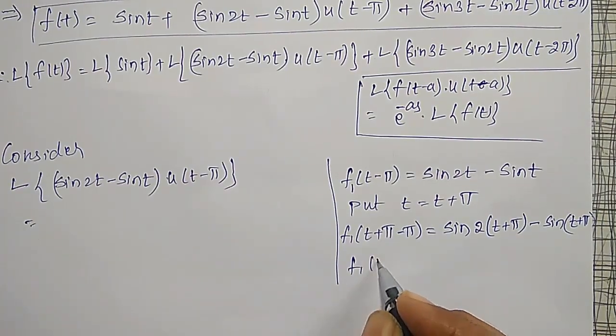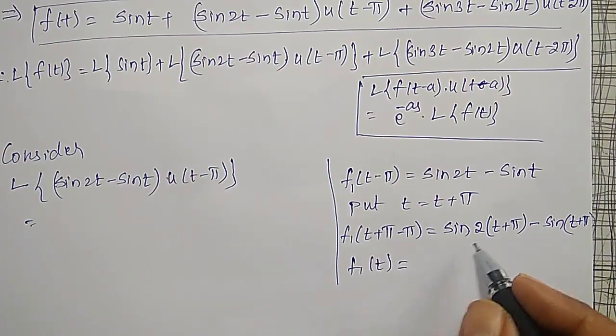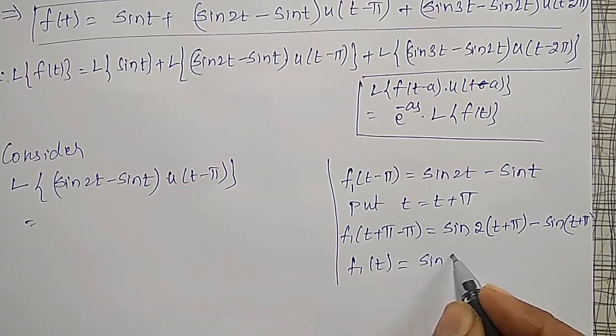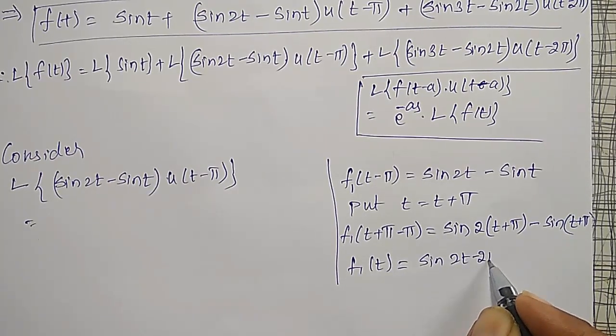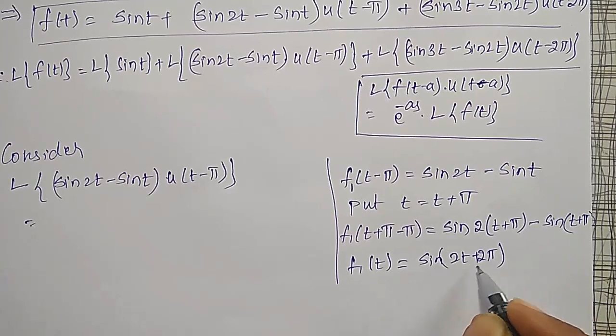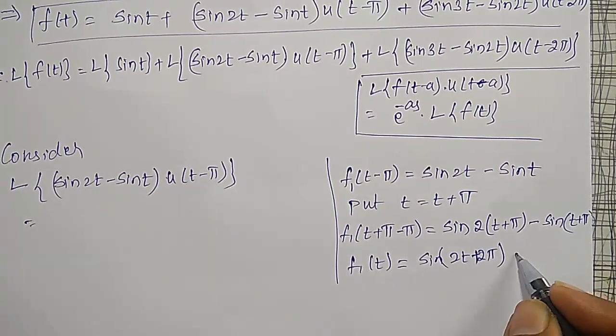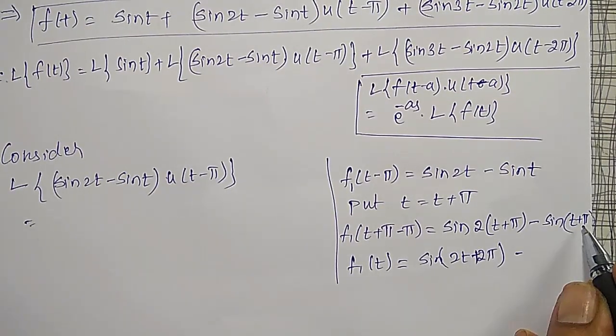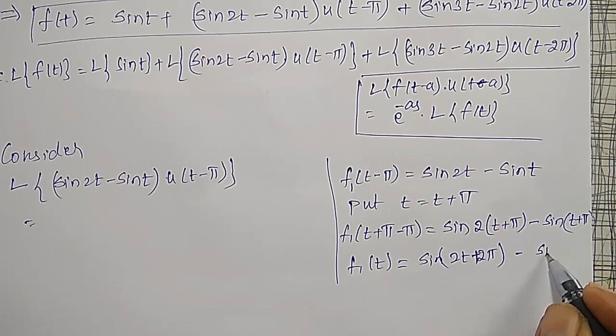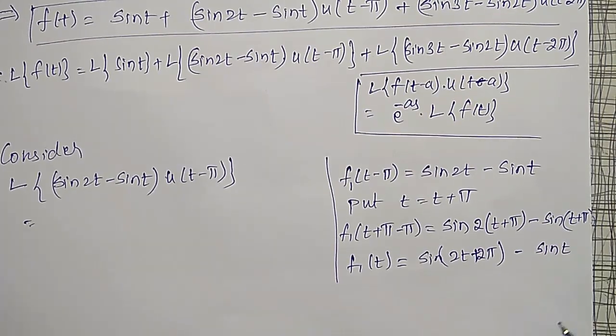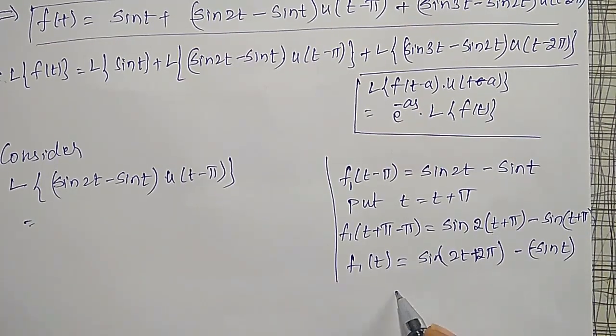Therefore f1 of t will become sine of 2t plus 2 pi minus sine of t plus pi. Sin t will remain sin t due to this pi and allied angles, but due to being in the third quadrant it will become minus.